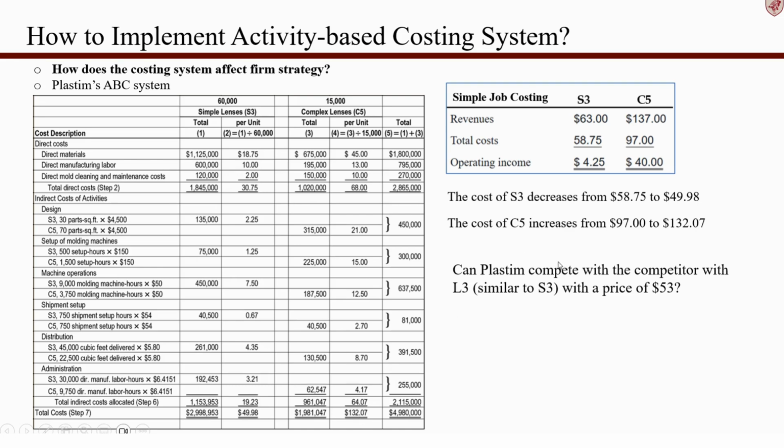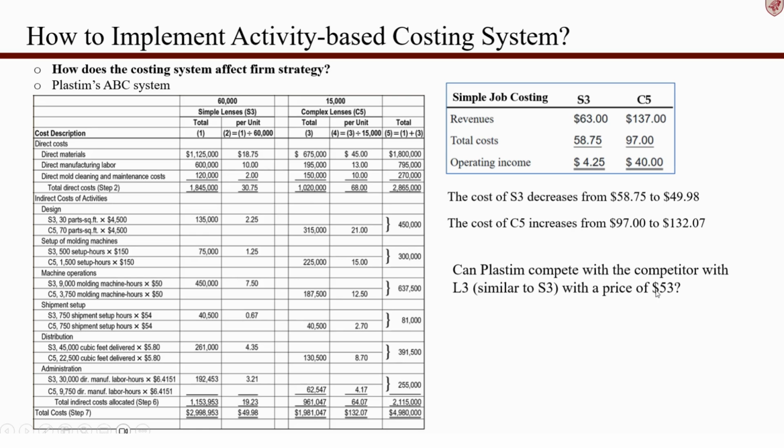Right? So then the question is, if we now refine the ABC system, can we properly compete with the competitor Bandit with a price of 53? Well, there's no clear answer, but we can probably say they do have a possibility to compete, as long as they can keep their price between 49.98 and $53.